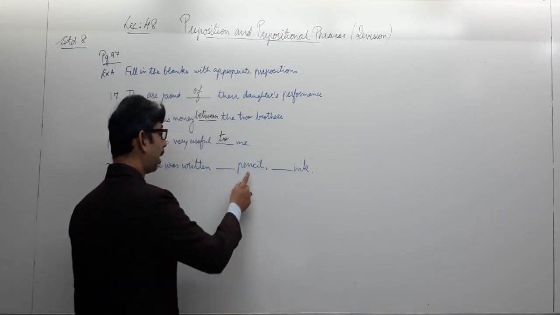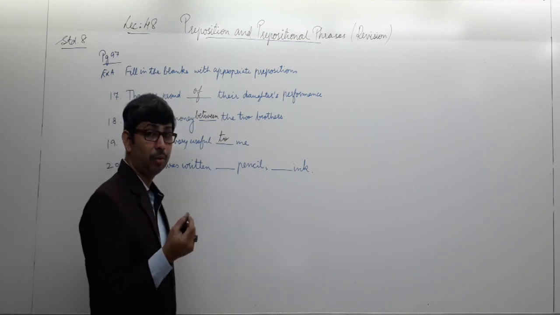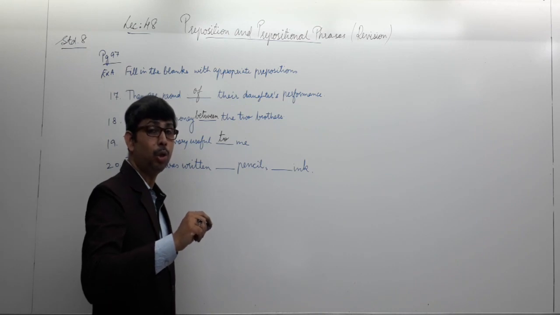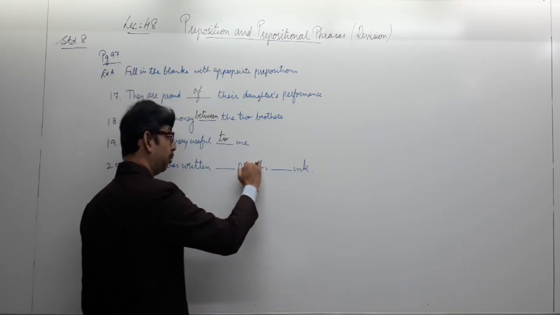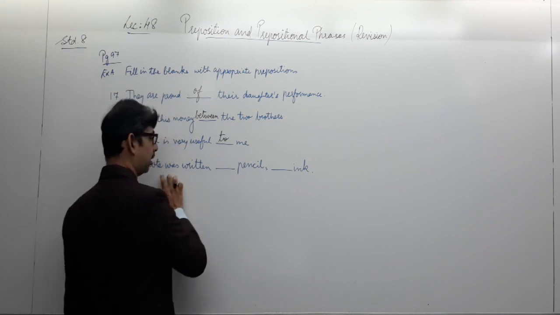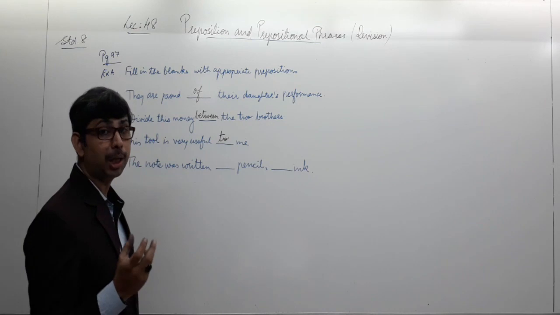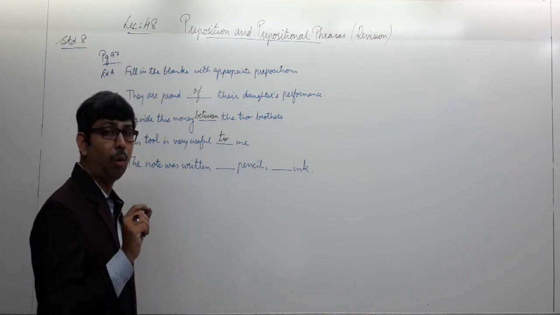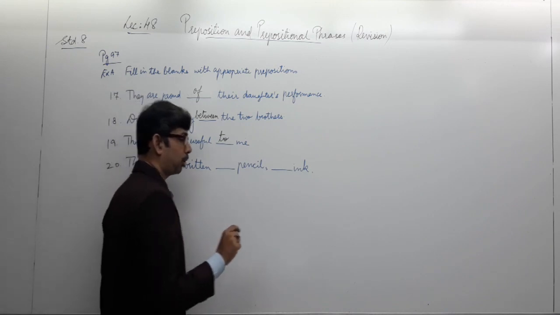So here we are not talking about the object pencil but the graphite lead which scribbles on the paper to create the impression. So we are talking about the material with which it is written. Here pencil does not stand for the object pencil but the lead or the graphite used in the process of writing.